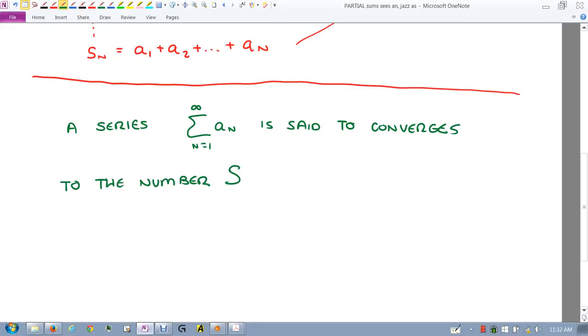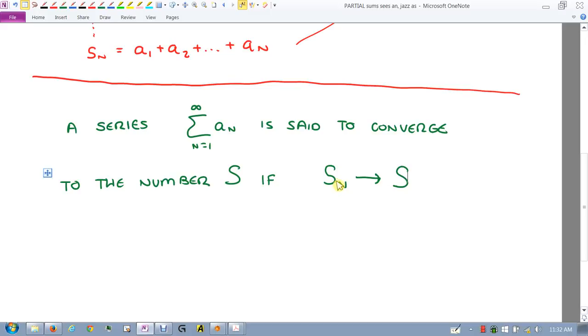If it adds up to a number, we're going to call it S. So a series is said to converge to the number S if S sub n goes to S. Remember, S sub n is a sequence, isn't it?